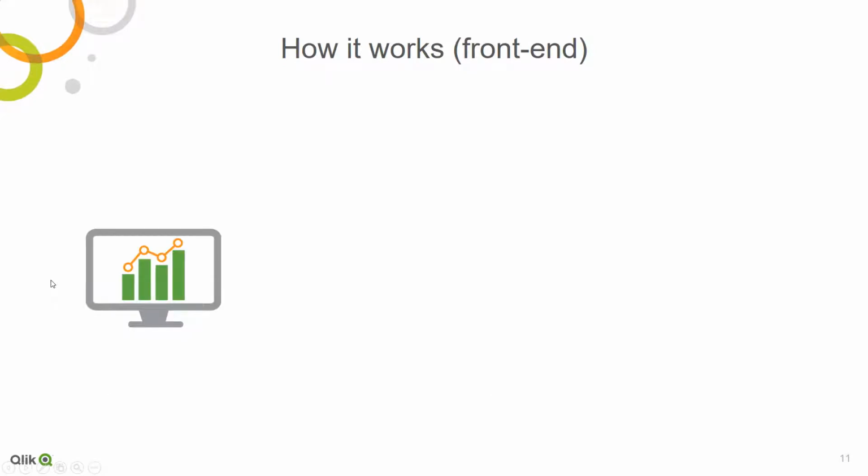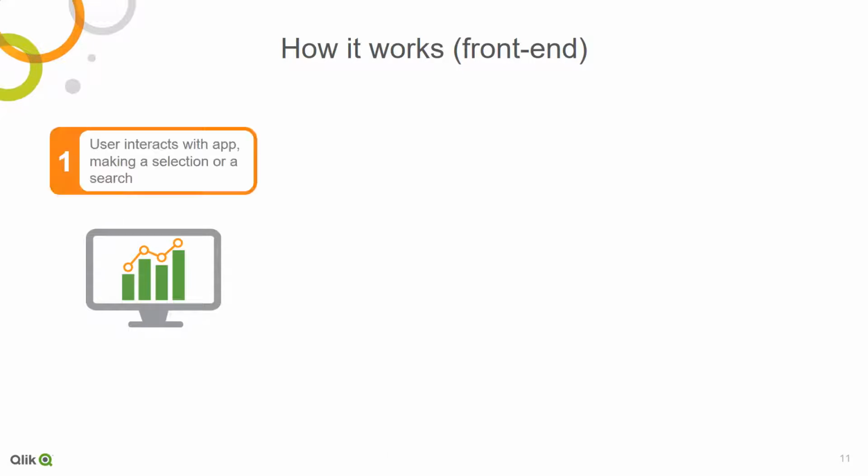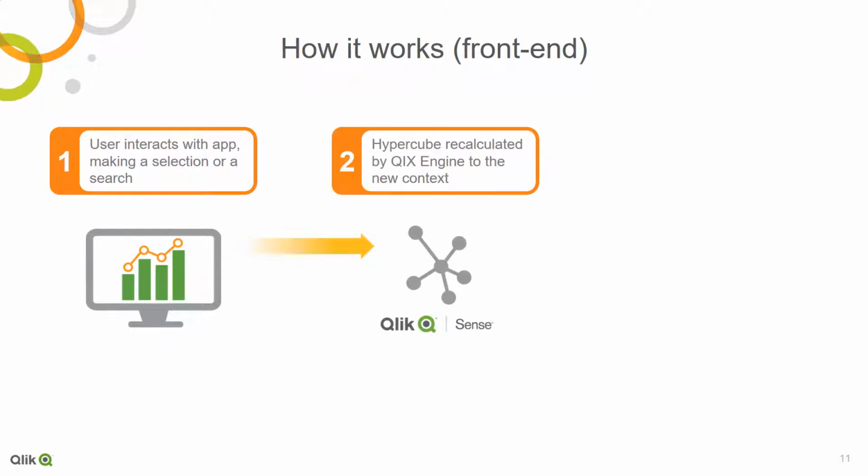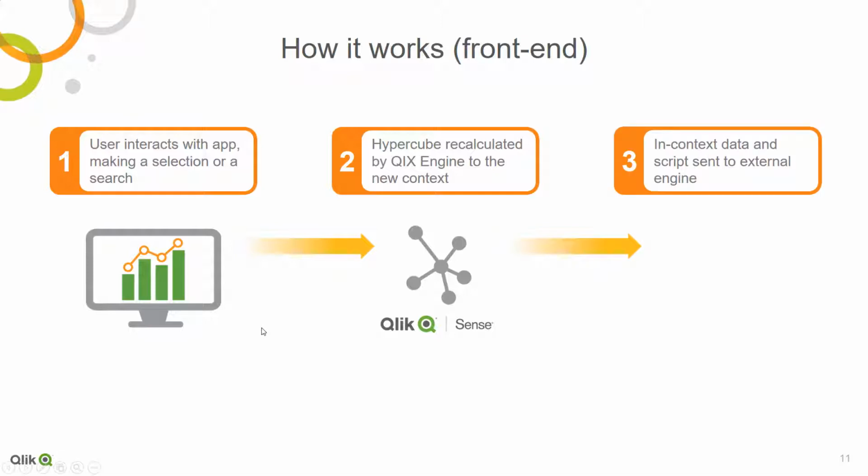It's actually part of the overarching model within Qlik. So how it works at a high level, and I'm prefacing again, in the front end, as we'll see, this functionality can be placed in different functional areas. But on the front end, essentially a user interacts with that application just as they typically would any app. The hypercube is then recalculated in context to whatever selections were just made, so that subset of data is then sent off to, again, any external engine.